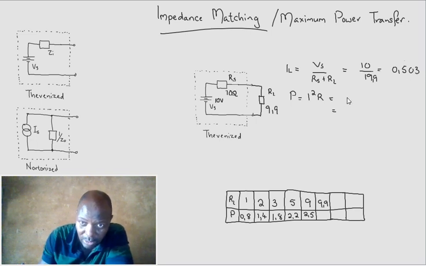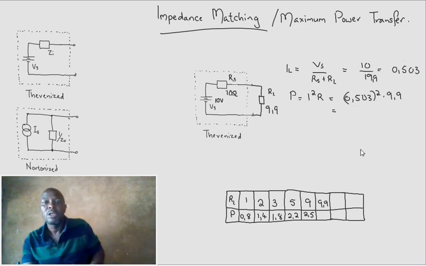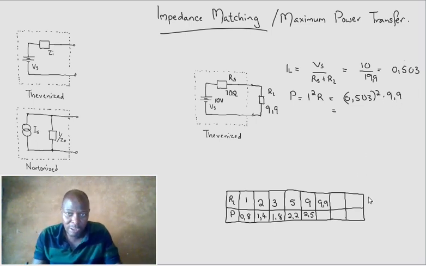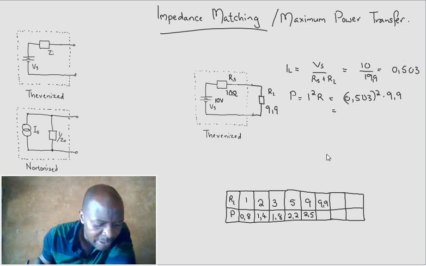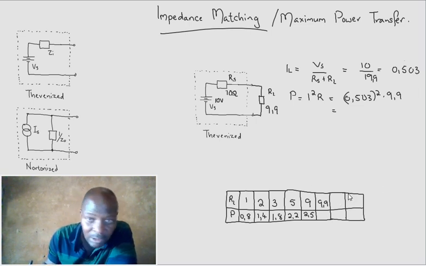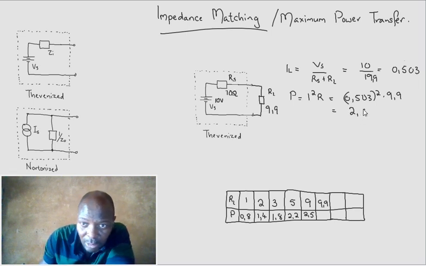We square that for the power formula, multiply by the resistance 9.9. If we do this, we get a power of this squared times 9.9, and you get 2.49993.